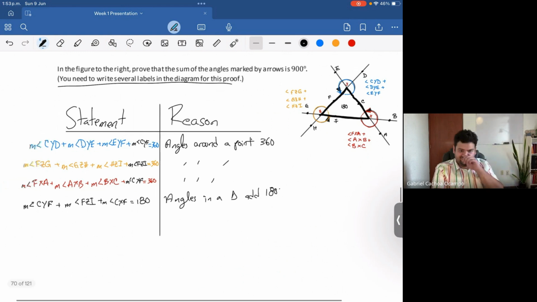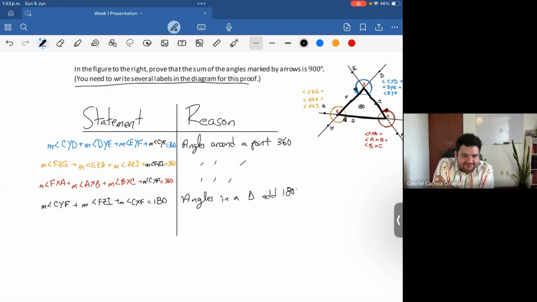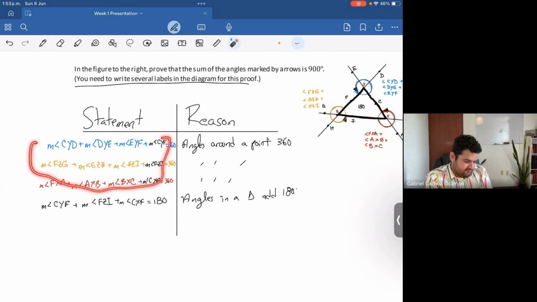Then, if we add all of these angles, that will give us the sum of 360 times 3. And then we subtract those 3 angles.